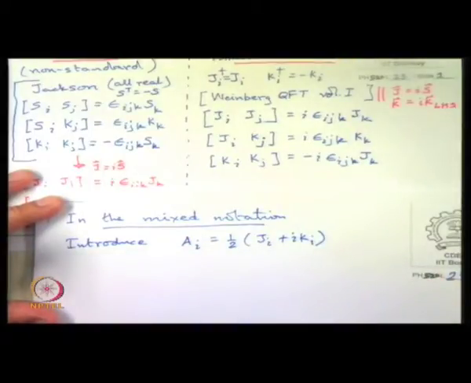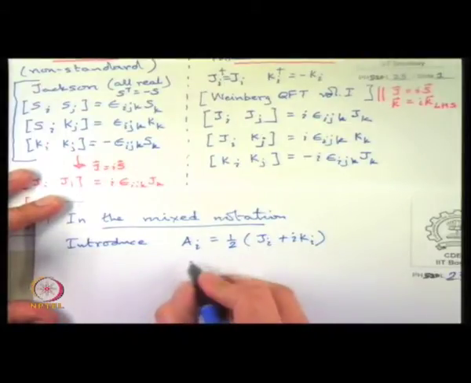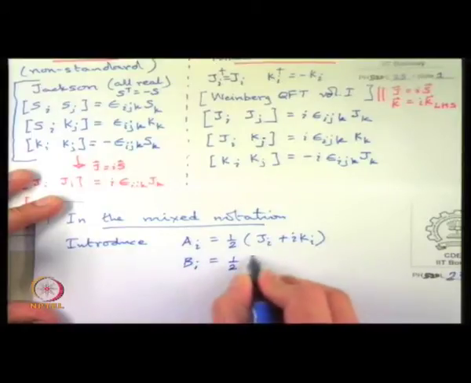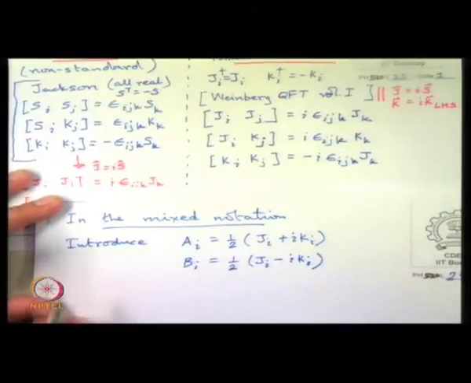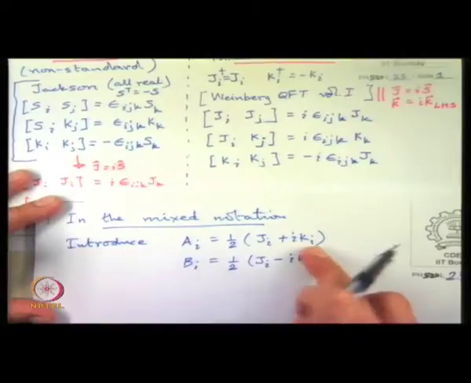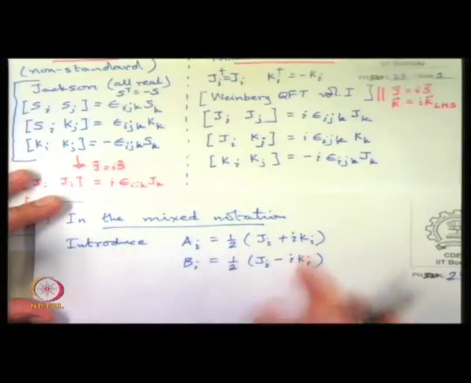Now this gets a little confusing in some sense, but let me just first write it and introduce B_i to be equal to 1/2 times (J_i minus i K_i). We note that this way then the A and B are Hermitian because K is anti-Hermitian but multiplied by an i and J is Hermitian to begin with.